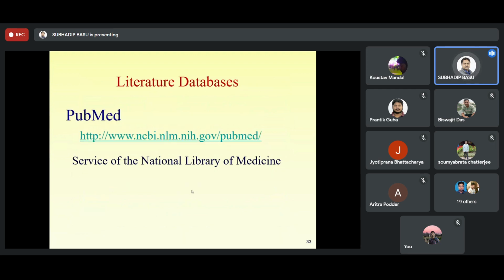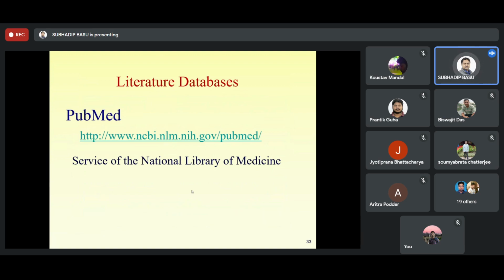There are literature databases. People publish results, right? So you observe certain findings. For example, in COVID, people are observing some results in their lab and they are reporting it to a literature, for example, in a Nature journal or in a Transaction or in a Cell journal. And when that data gets published, then in the database you mark that, okay, this result has been published by this person.